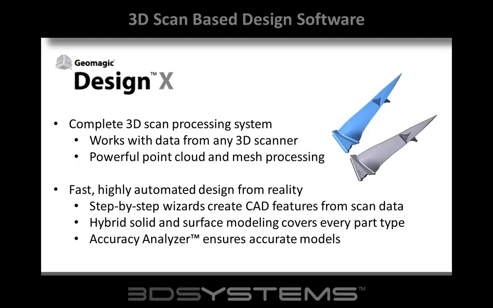And we have the accuracy analyzer, which ensures accurate models. The accuracy analyzer is basically mapping the part with a color map of the deviation between the reverse modeled part and scan, or checking various properties of the part.